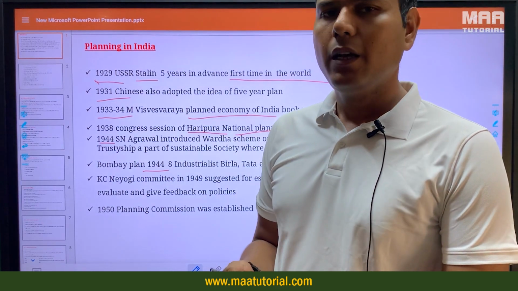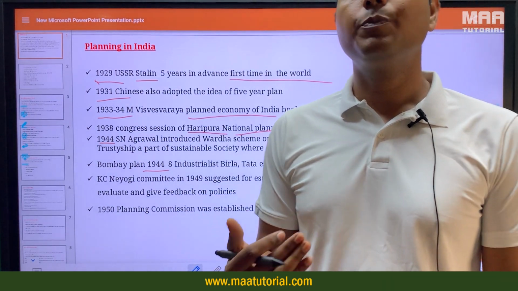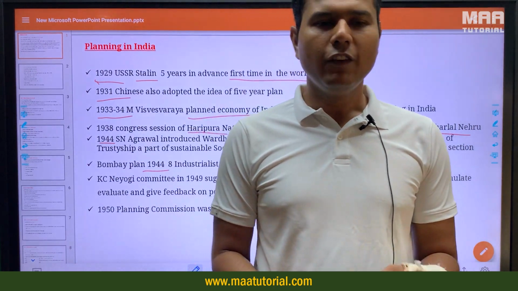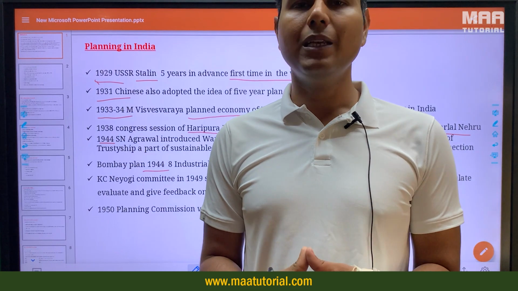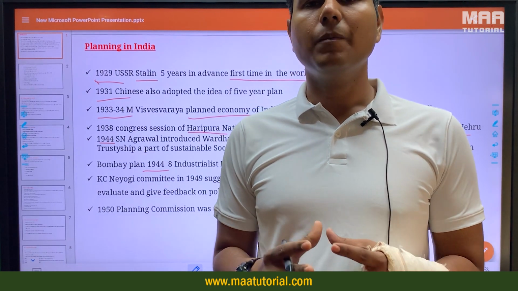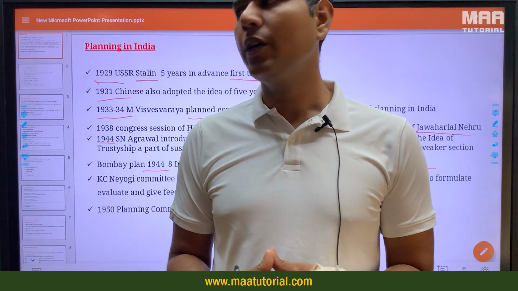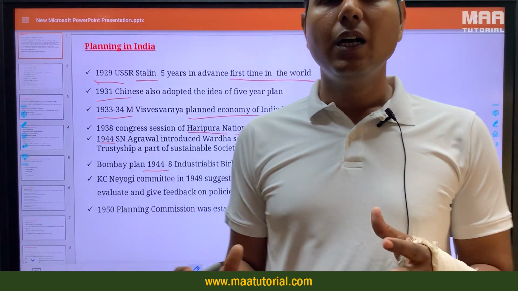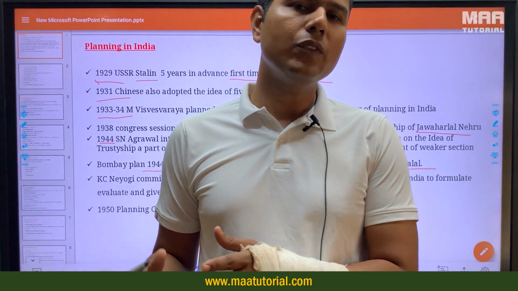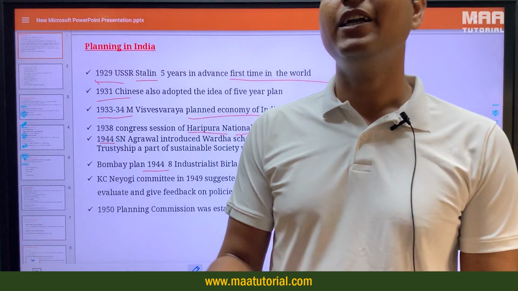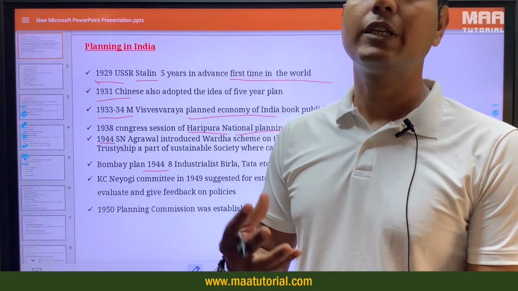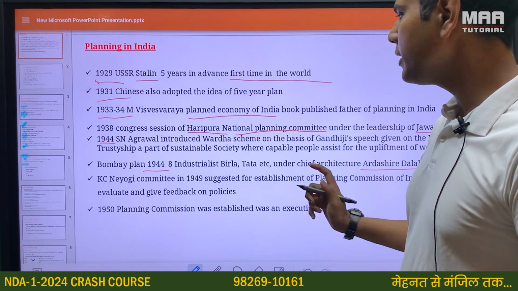And when there are industrialists, they would want profit motives and they would want the economy to be a little liberal rather than a socialist kind of economy. So this plan deviated from the idea of socialism and wanted a mixed kind of economy or a modern capitalistic economy. Let's move further.